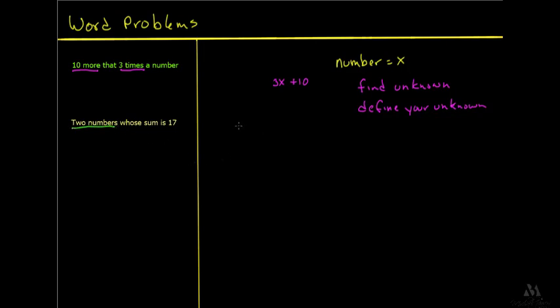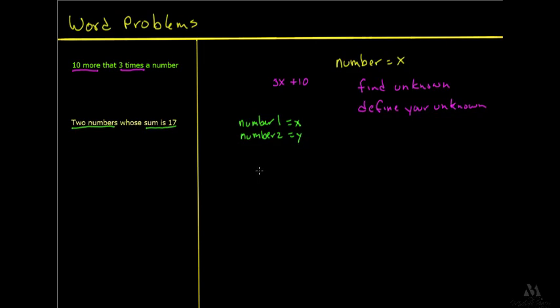And so I'm going to say number 1 equals x, and number 2 equals y. And we also need that the sum has to be 17.